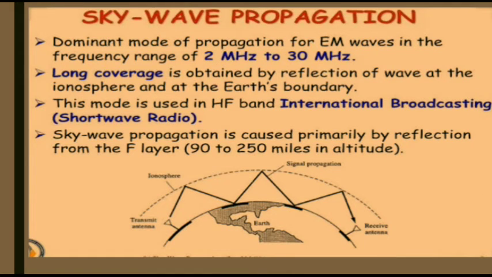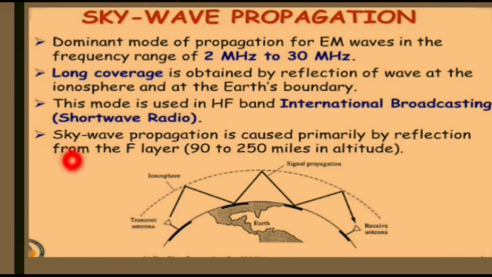See that, the dominant mode of propagation for EM waves in the frequency range of 2 megahertz to 30 megahertz, right? It gives long coverage. It is obtained by reflection of the wave at the ionosphere and the earth boundary. This method is used in the high frequency band, that is international broadcasting, like shortwave radio, international stations like BBC, right?